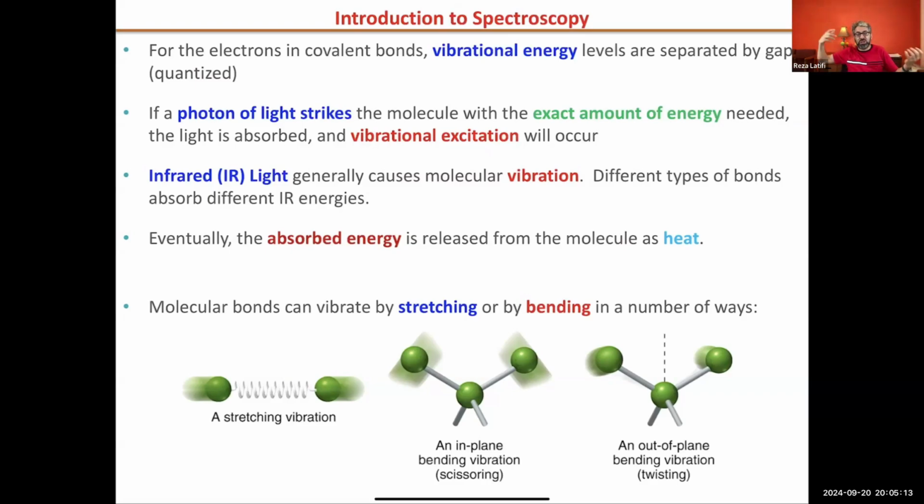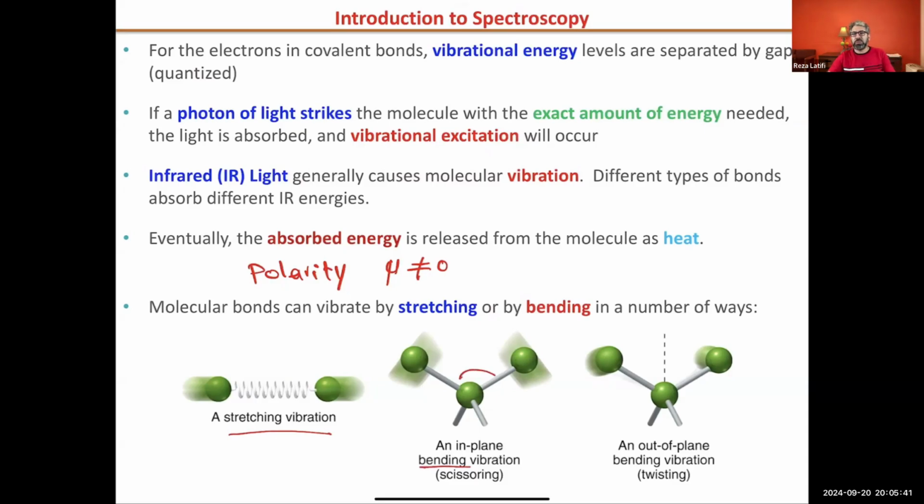The thing that is changing here is the bond angle. If the bond angle is changing, you will have different polarity, or mu is not going to be equal to 0. And if mu is changing, then that molecule is going to absorb some energy. So it can be stretching, or it can be bending the bond angle.